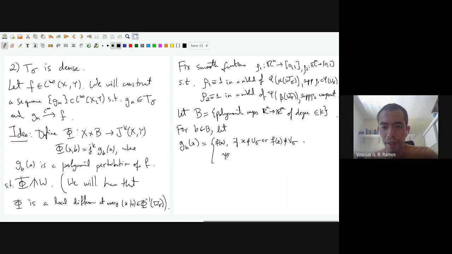Okay, so I define phi psi of f of x plus, now I want to write my polynomial. So here's my polynomial. I'm just perturbing the value of the function by the polynomial. But then I have to use my bump functions so that I actually don't perturb at all when I'm outside of this chart, because if I'm outside of the chart, then I kind of lose control.